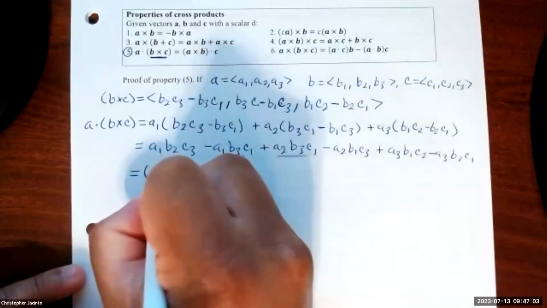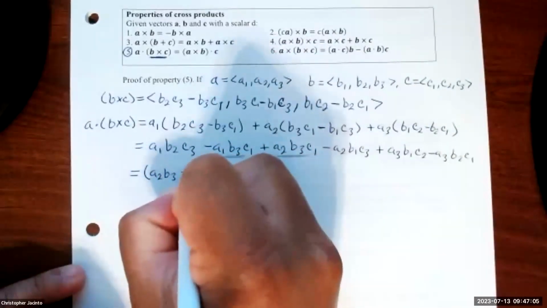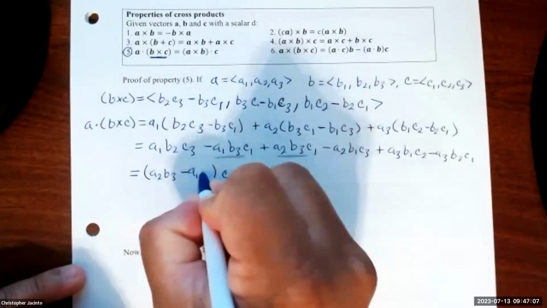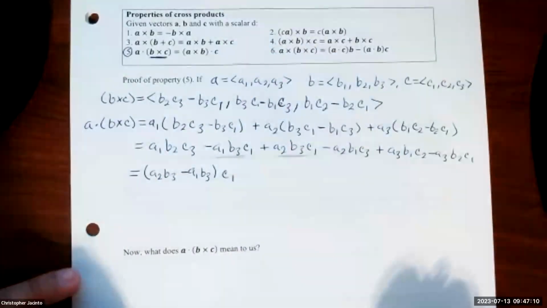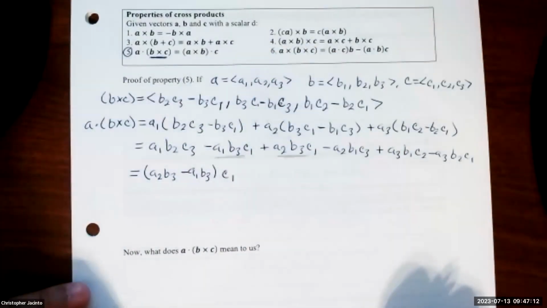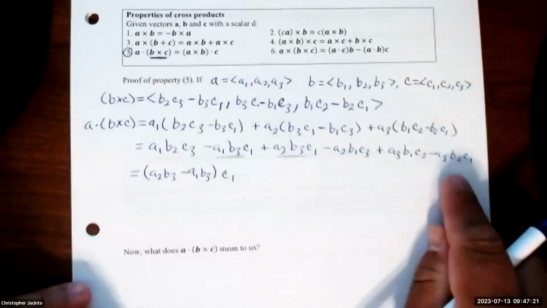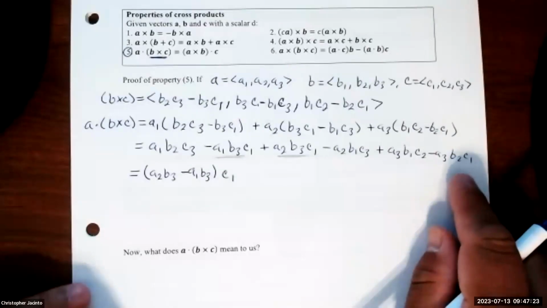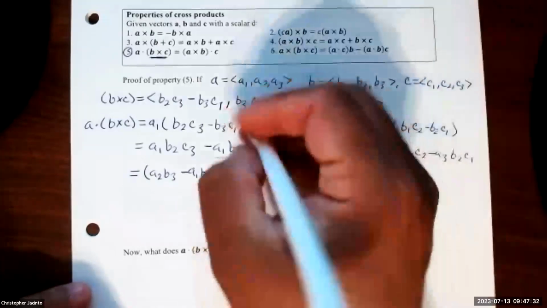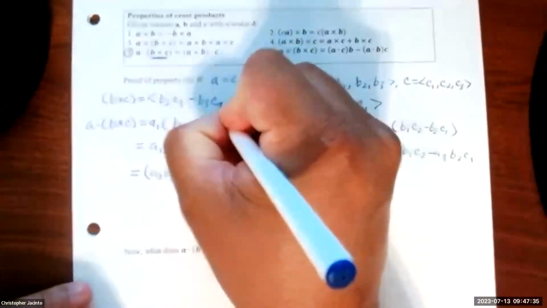So I'll have A2 B3 minus A1 B3. Oh, this should be a C2. Thank you for that.